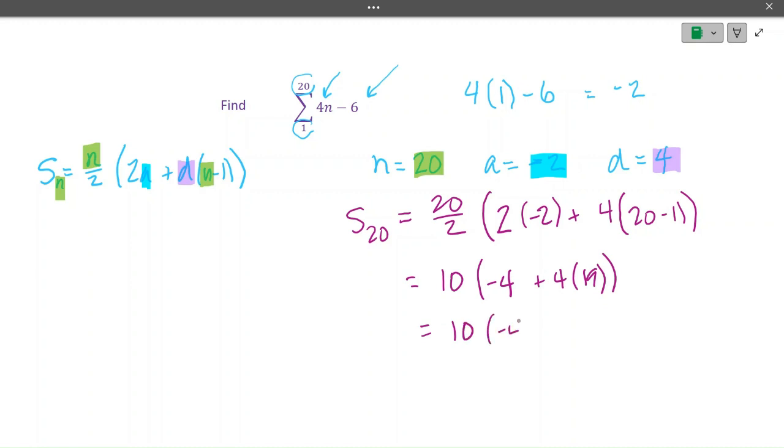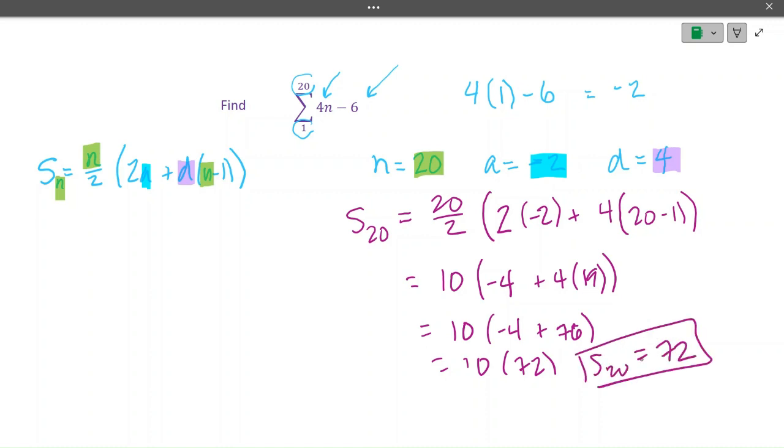You could put it into your calculator right here if you wanted to. But sometimes I just like doing math. So we're going to end up with 720 as the sum of 20 terms. Okay. So pretty much like the last one, you just have to know how to get the values out of this notation. Let's do one more that could potentially be a little trickier just based on the way it's written.